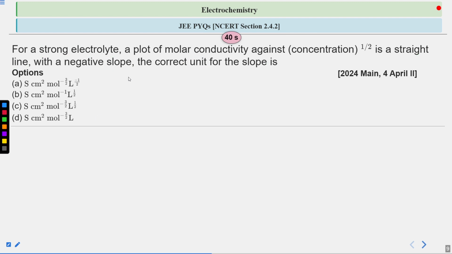So you got some time, try to solve it, and then we will see which option is the correct answer. Okay, let's see.